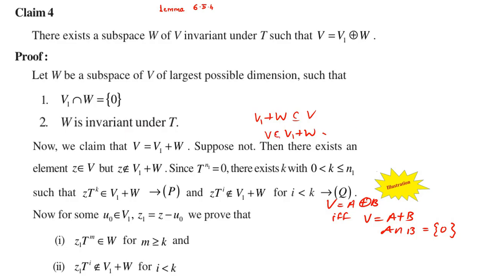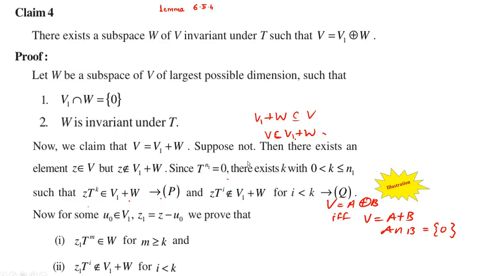If not, I have an element here, but I don't have it here, right? So, since t power n1 is 0, with 0 less than k less than or equal to n1, we are going to have z t power k belonging to v1 plus w. Z t power I does not belong to v1 plus w for I less than k.